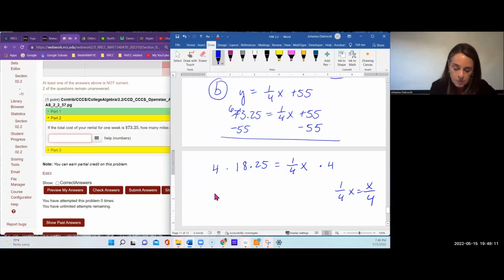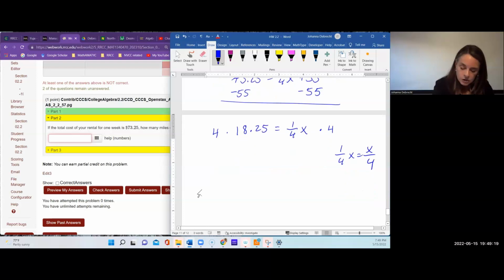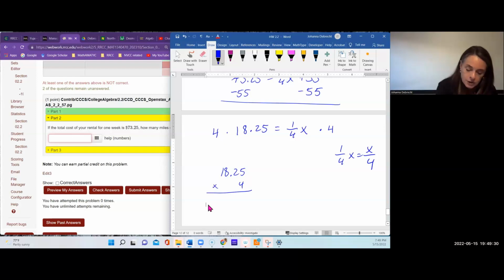I'll show you the long multiplication. No, just 73. In order to do the multiplication, we write 18.25 times 4. 4 times 5 gives me 20, so put down the 0, carry the 2. 2 and 4 multiplied is 8, plus 2 is 10.